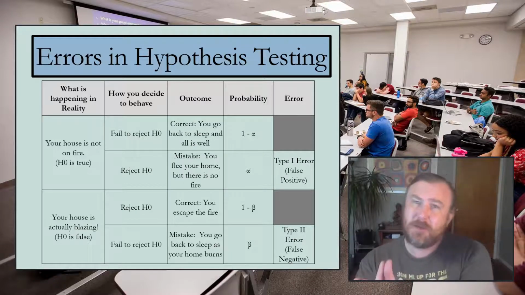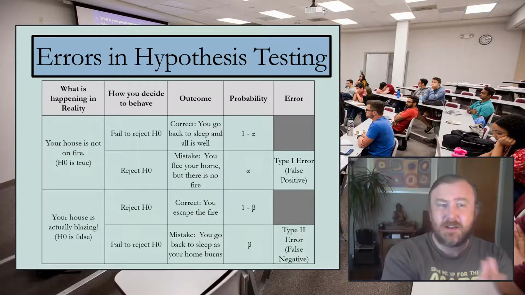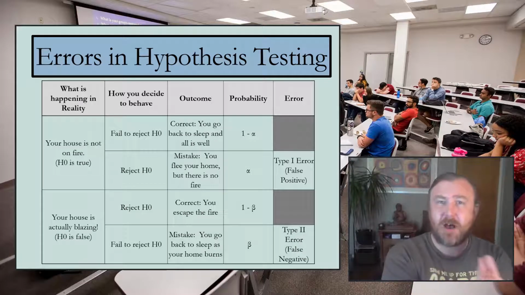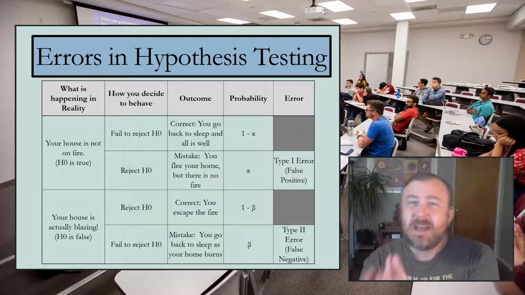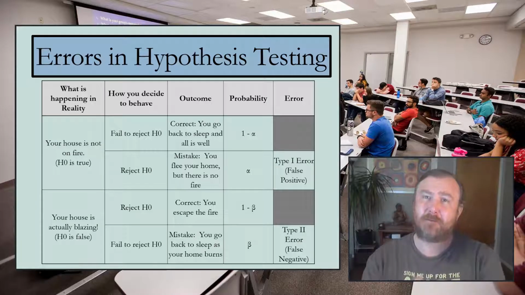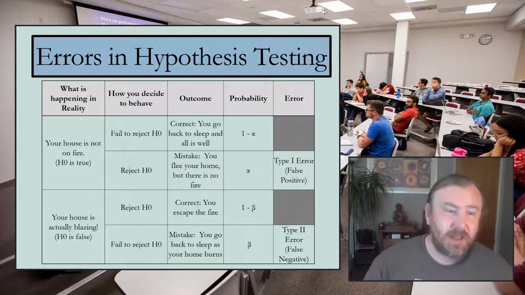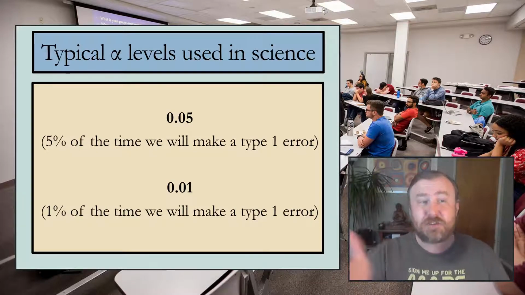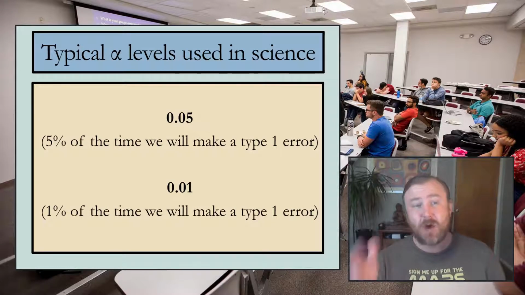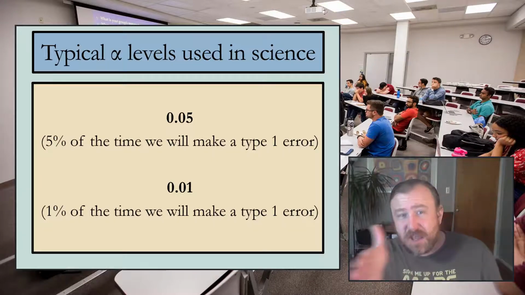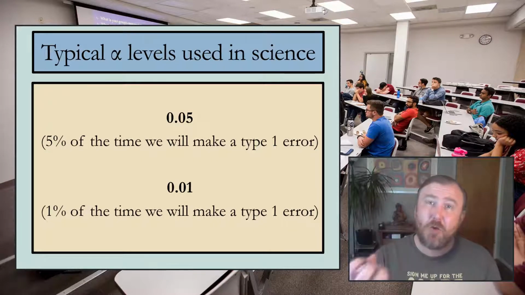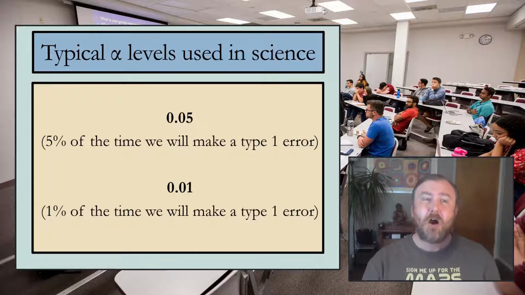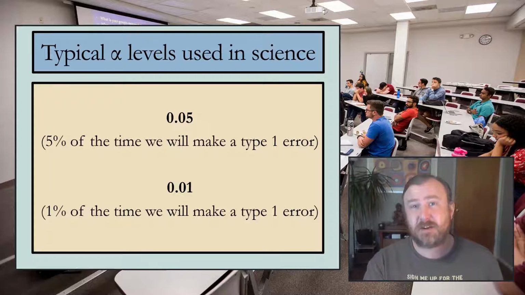And the way we determine what is going to dictate false positive versus false negative is how we set our alpha. So if we want to reduce the probability of a type 1 error, we reduce the alpha level. We might set it at 0.01, which would mean that only 1% of the time are we going to make a false positive.